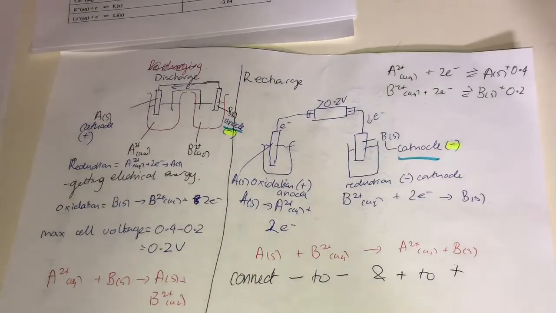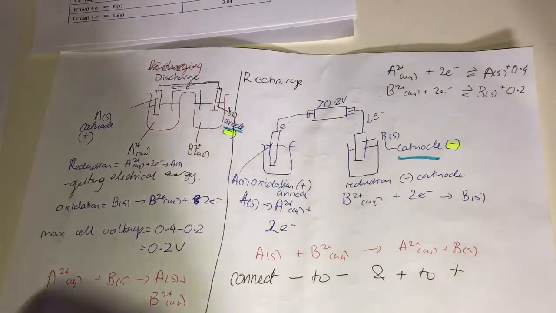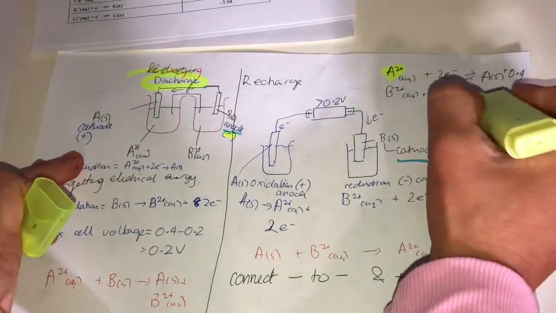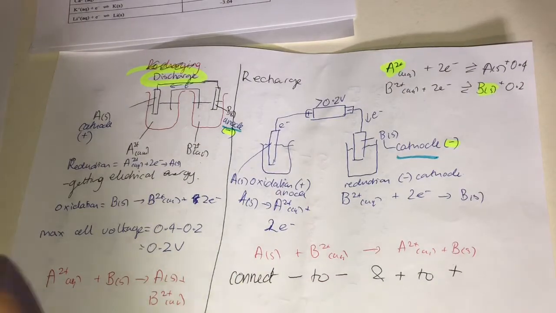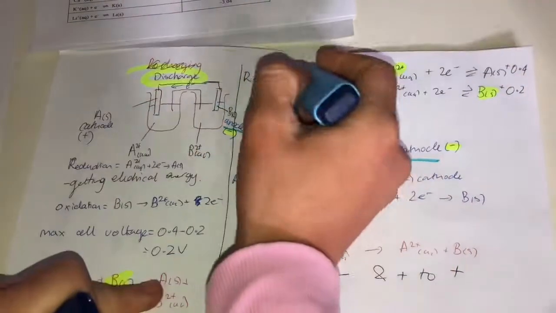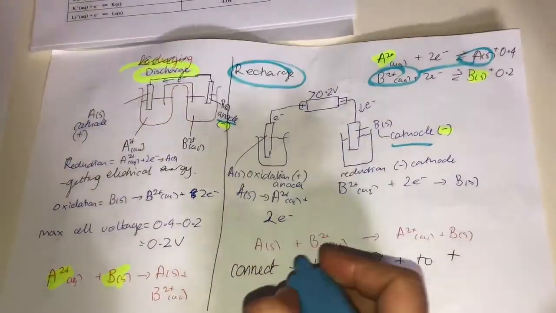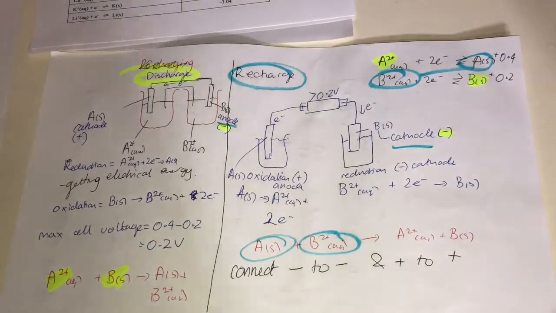Another thing is that during discharge, you have that spontaneous reaction with negative delta G. During recharge, you have the positive, non-spontaneous reaction, hence why you need to give it electrical energy to undergo that process.